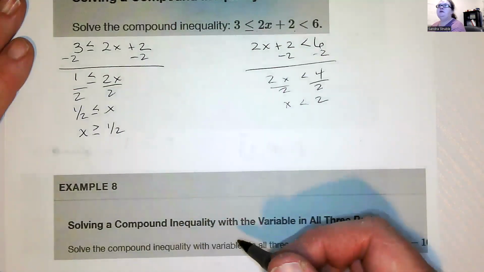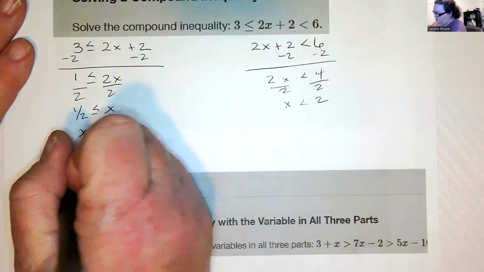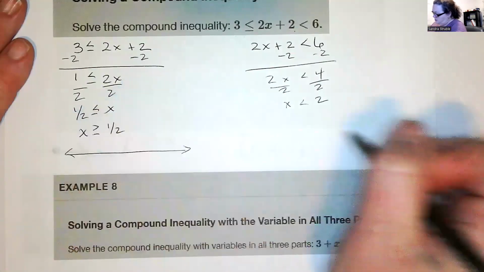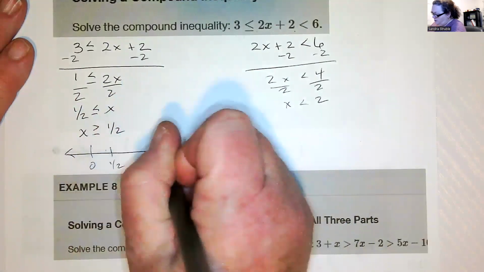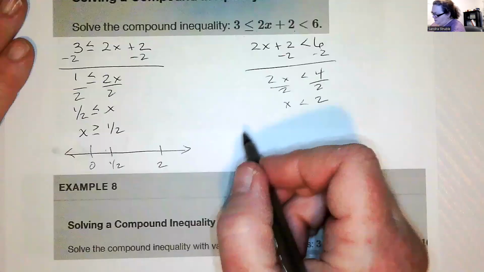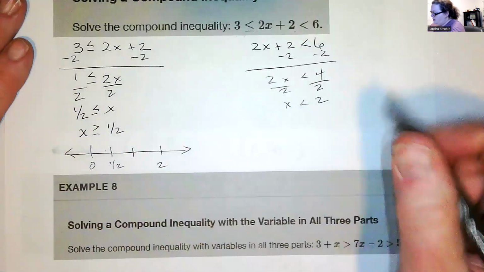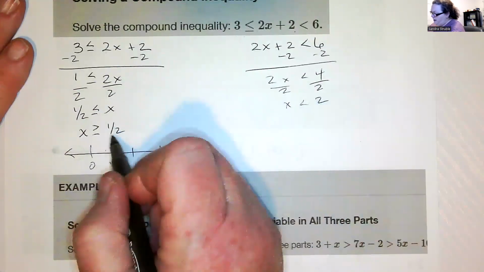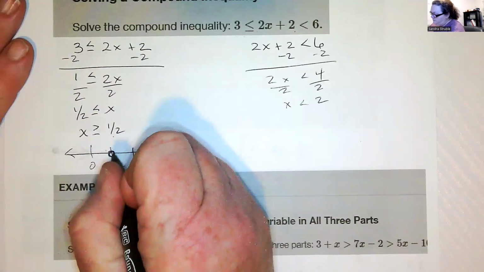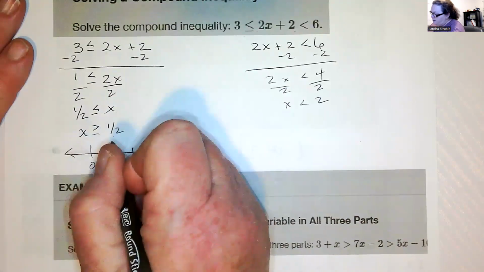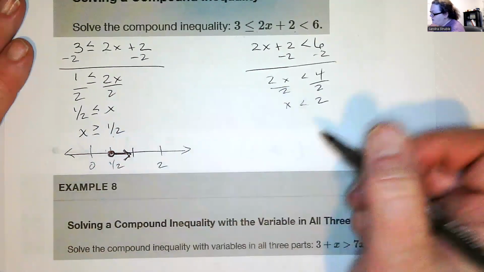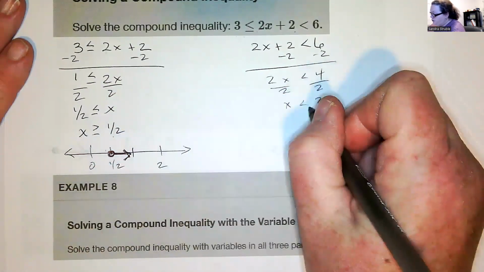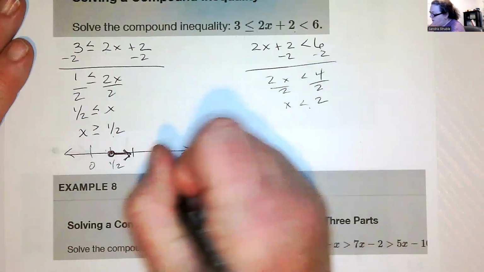Let's go ahead and write that in interval notation. So let's do our little number line here. We've got 0, 1/2, and 2. Let's just say 1's right there. So at the 1/2, it's equal to, so it gets a dot. And x is greater than, so it's heading off in this direction. The other one is 2, and it is not included, so it just gets a circle.